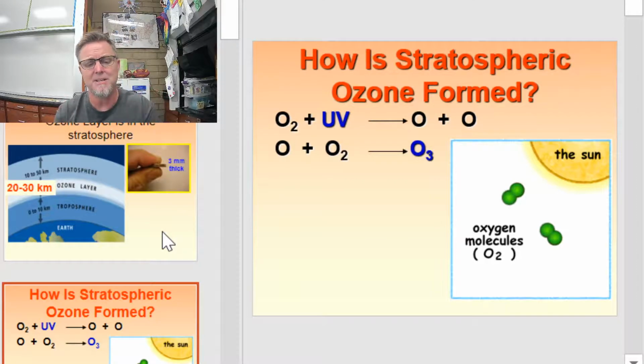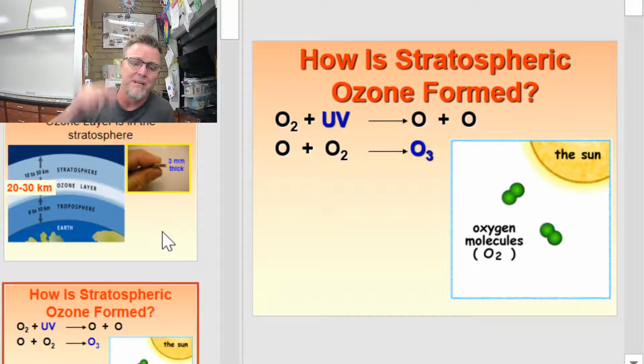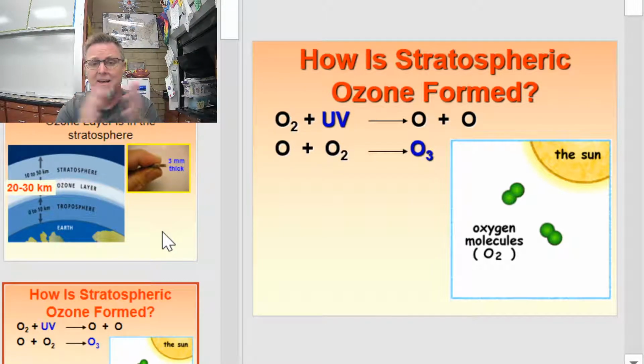So how is stratospheric ozone formed? This, ladies and gentlemen, is a reaction that you need to know. You need to memorize it. Write it down. Tattoo it to your brain. So how do we form ozone? Well, it's right here. We take oxygen gas, and when it is struck by UV rays, it breaks apart into single oxygen atoms.